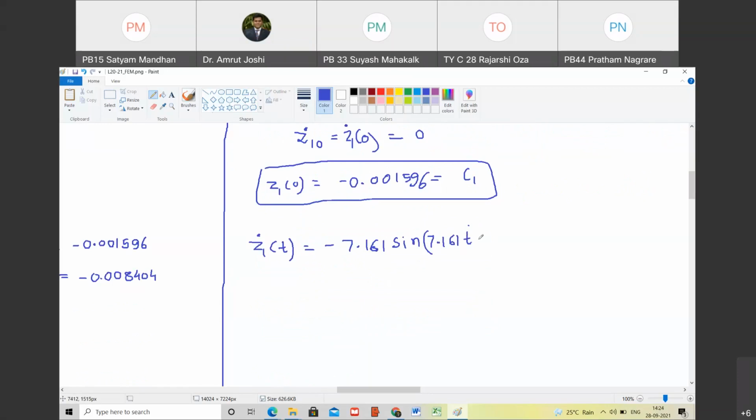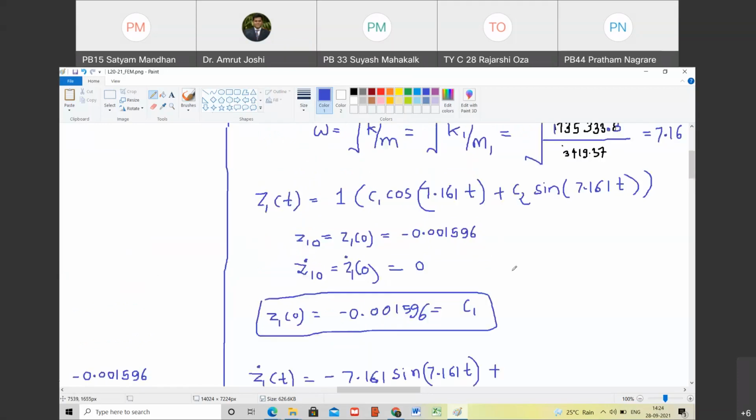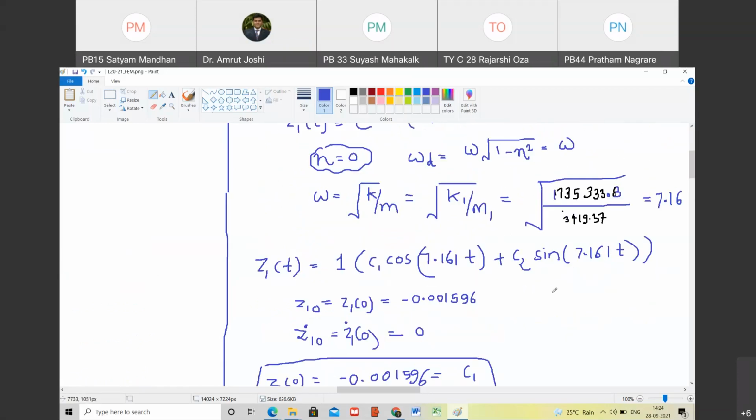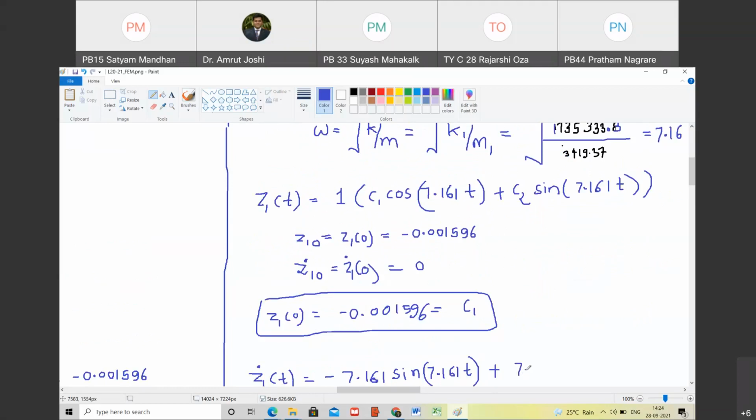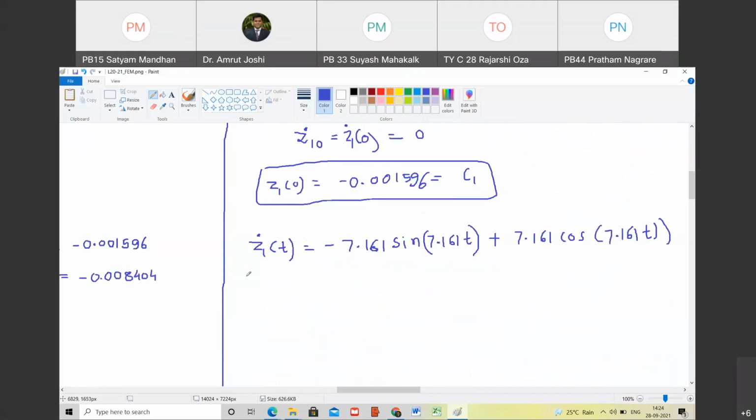Happy? Yes, sir. Plus, the derivative of this is going to be cos, so 7.161 C2 cos of 7.161 t. Happy? Yes, sir. This is Z1 dot of t.